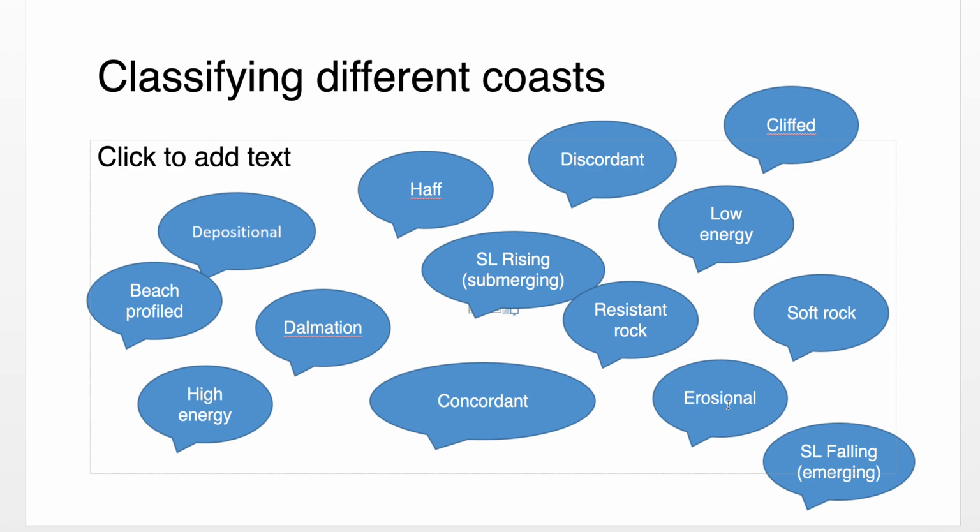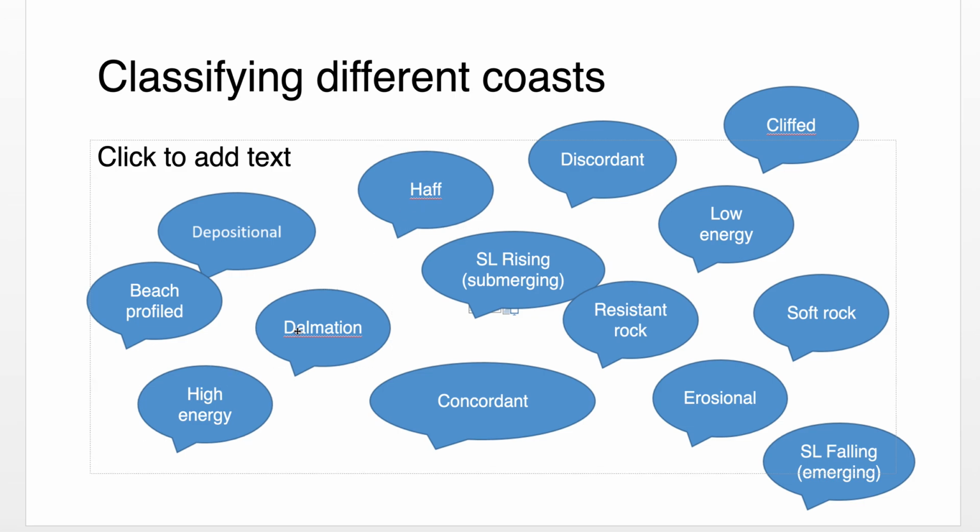We might see a coastline made of soft rock versus one made of hard, resistant rock. A low energy coastline, where we've basically got depositional activity or transport, as opposed to a high energy coastline, where we would see a lot of erosion occurring.